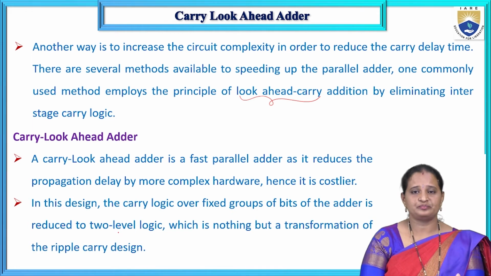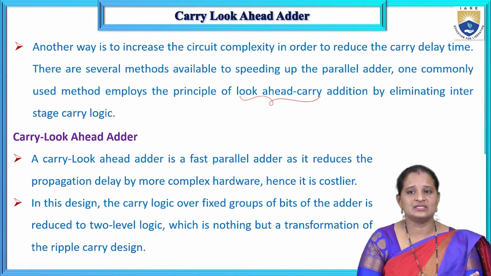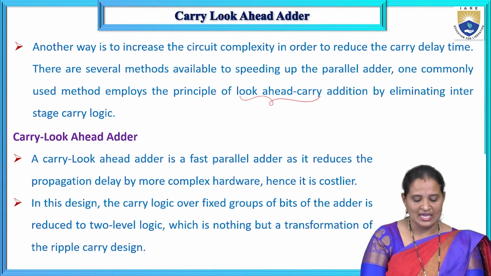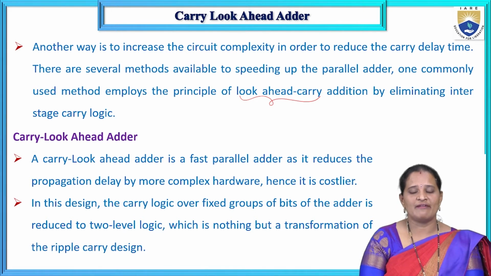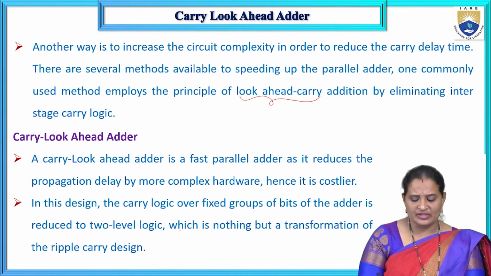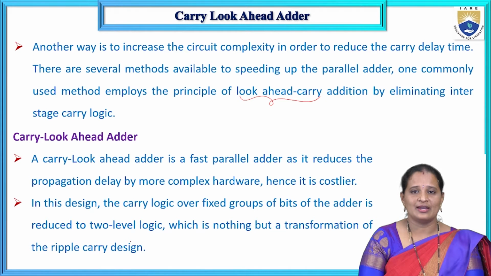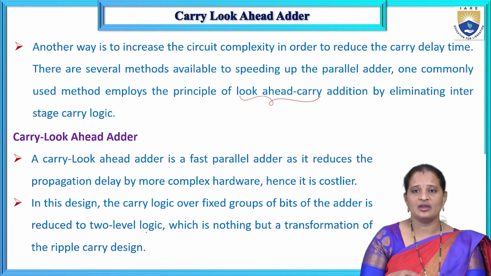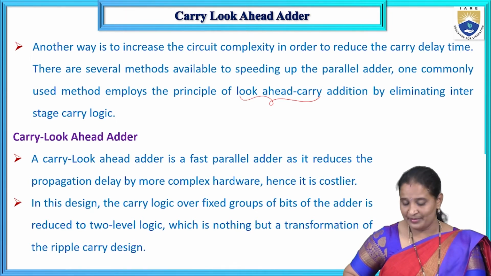In this design, the carry logic over a fixed group of bits of the adder is reduced to two-level logic, which is nothing but a transformation of the ripple carry design. So we are going to design a ripple carry adder over a fixed group of bits.